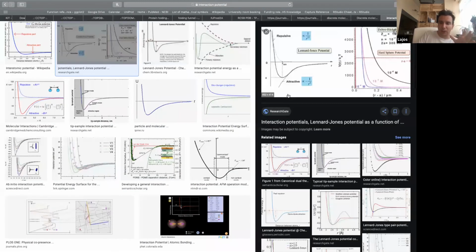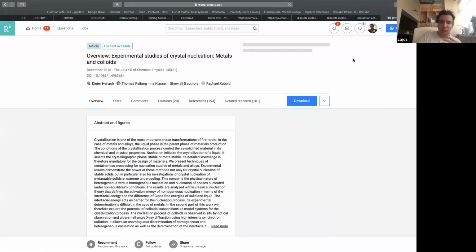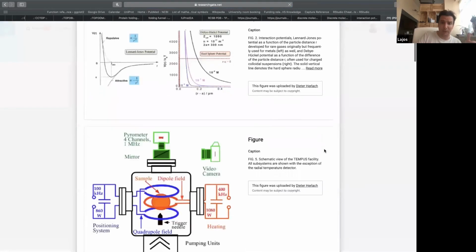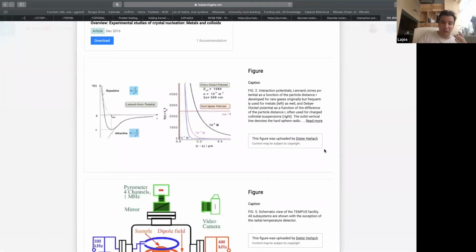This one. So if you think about the interaction potential between two atoms, or it can be like two hydrophobic side chains, it looks something like this when you have the distance on the x and you have the energy on the y, or the potential energy. In the minimum, that's the distance where the interaction is the highest, the best.